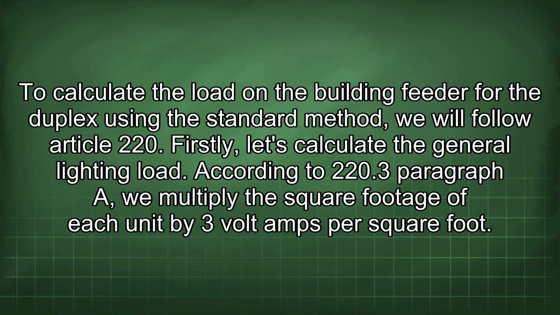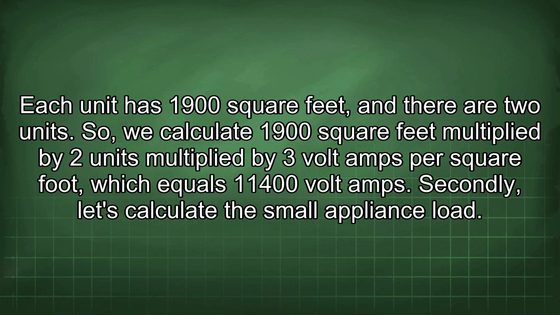To calculate the load on the building feeder for the duplex using the standard method, we will follow Article 220. Firstly, let's calculate the general lighting load. According to 220.3 paragraph A, we multiply the square footage of each unit by 3 volt amps per square foot. Each unit has 1900 square feet, and there are 2 units.